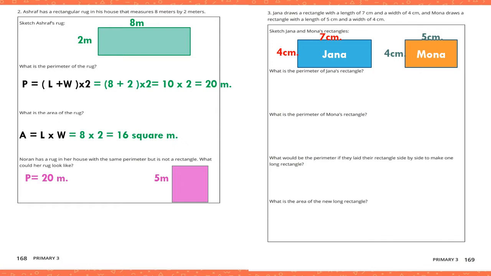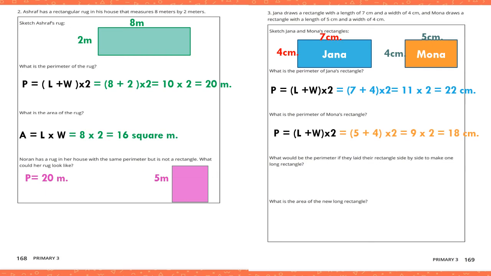The perimeter will be length plus width all times 2. 7 plus 4 all times 2 equals 11 times 2 equals 22 centimeters. What is the perimeter of Mona's rectangle? Length plus width all times 2 equals 5 plus 4 all times 2 equals 9 times 2 equals 18 centimeters.